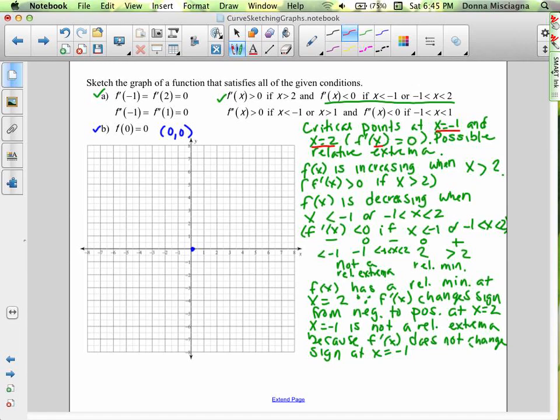We are going to keep on decreasing until we get to 2, and then it's going to increase. I'm probably going to change where this goes, but we're decreasing because we haven't considered concavity.